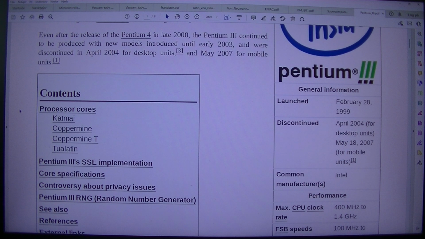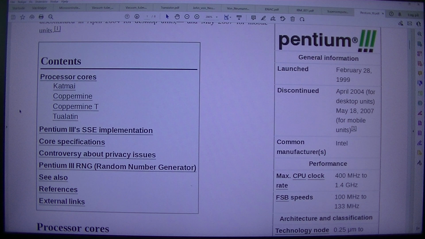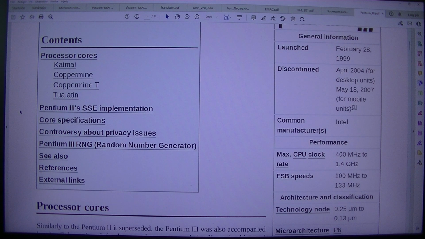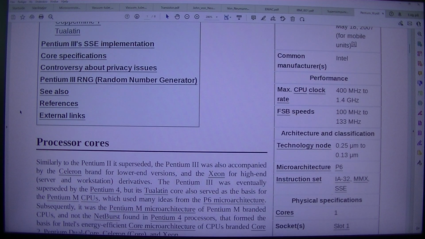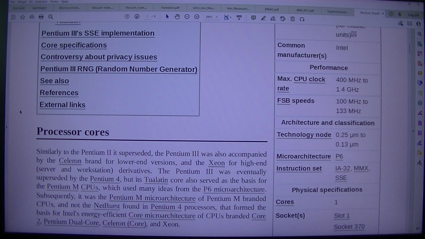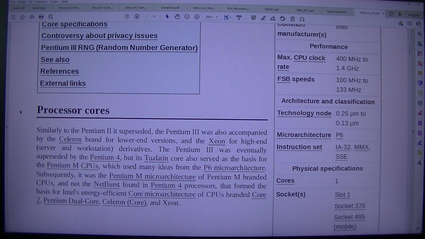Contents: processor cores, Katmai, Coppermine, Coppermine T, Tualatin, Pentium 3's SSE implementation, core specifications, controversy about privacy issues, Pentium 3 RNG random number generator, see also, references, external links.